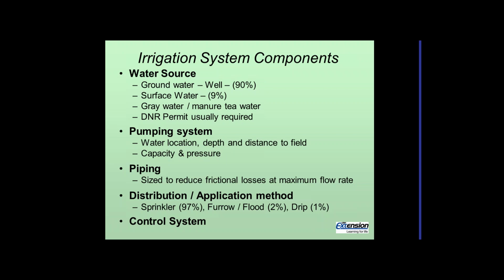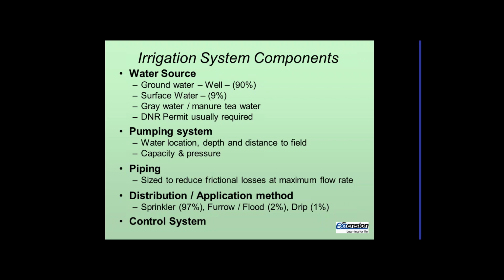So this is going to have a capacity, how many gallons per minute we're going to need, and a pressure, typically measured in PSI, or it might be in feet of head. That's basically going to overcome friction in the pipes, and whatever's left over is used to throw the water some distance.